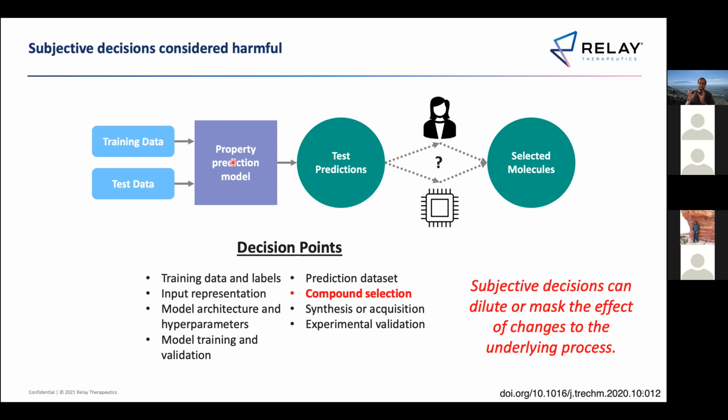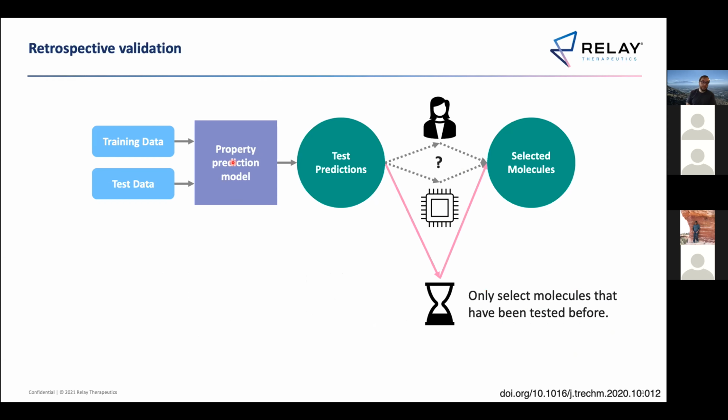Now, with this as an overarching framework of prospective validation, I want to talk for a moment about retrospective validation and how it fits into this procedure. Often what happens, especially in resource-constrained environments and in academia, is that after you have a model that makes predictions, your selected molecules will be drawn from a set of things that have been tested before, because you don't have the resources or time to go and test things prospectively.